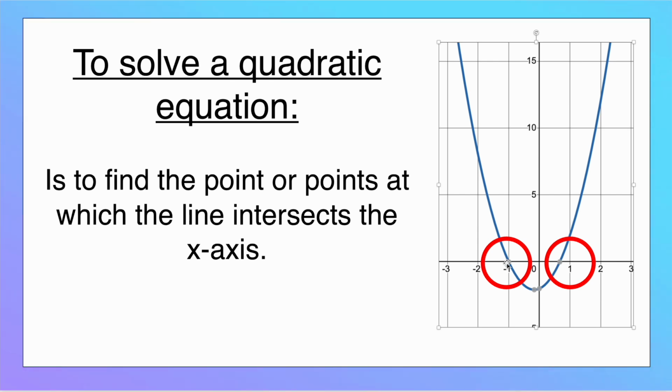As you can see here, it intersects it here at -1, and it intersects it here somewhere between 1/2 and 1, so maybe 0.7. So there are two intersection points on this particular quadratic graph. If it asks you to solve, it is to find the points at which the line intersects the x-axis.